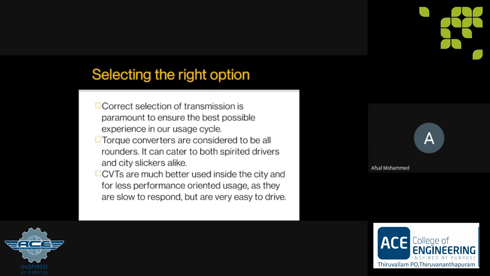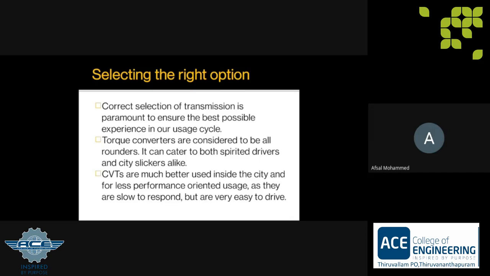Okay, next, the CVTs are, as I have mentioned, much more of use in the city and not on highways or spirited driving, as they are not as responsive. And as I talked about, the rubber band effect is also there. So it might not offer the best involving driving experience. However, it can pass off as a very easy to drive transmission system, and it is opted more for simplicity than anything else.